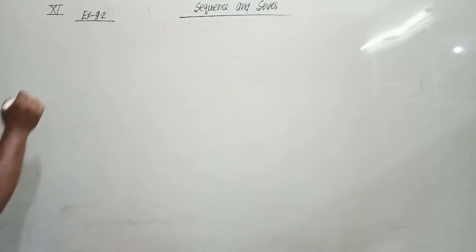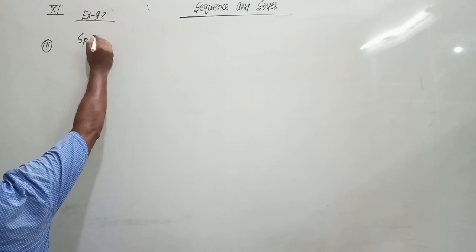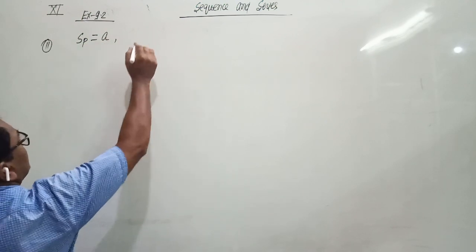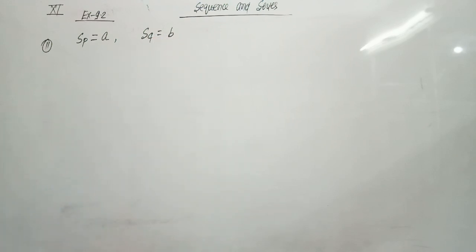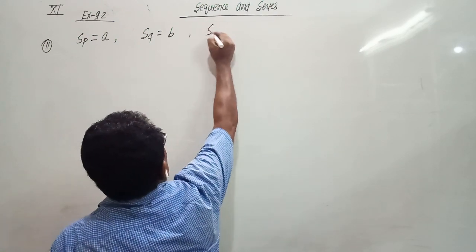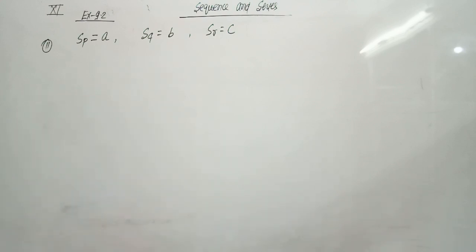So S_p equals a, the sum of first q terms S_q equals b, and the sum of first r terms S_r equals c.